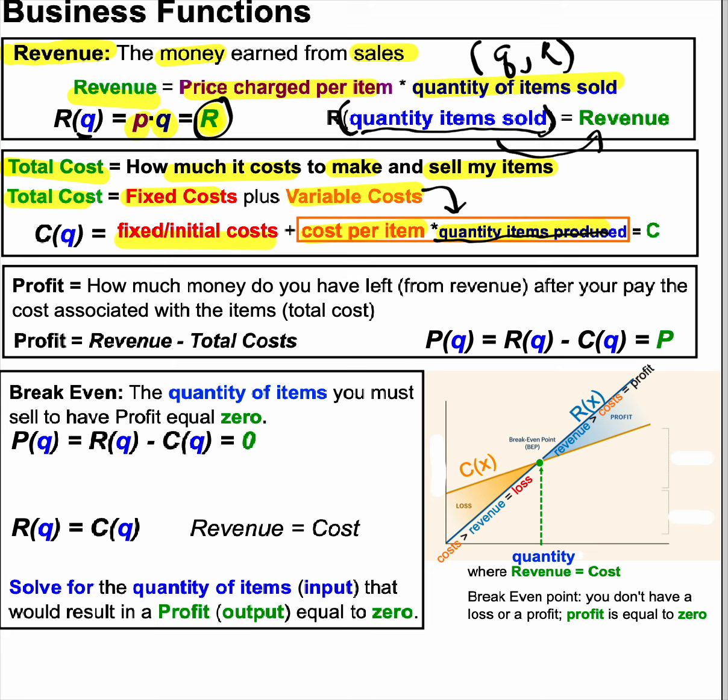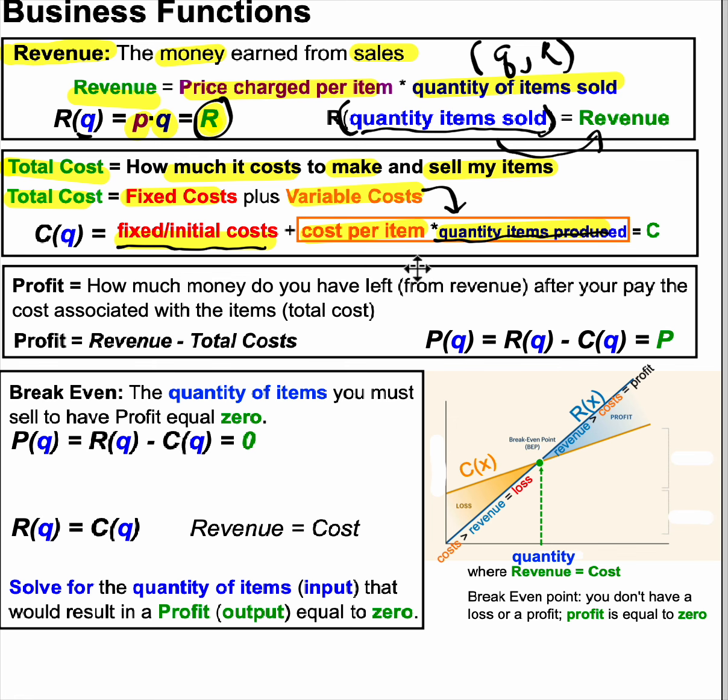Let's say every week I go to a farmer's market and set up my tent to sell my cupcakes. So I pay, let's say, $100 at the farmer's market. That would be a fixed cost. It doesn't matter how many items I sell, I always have to pay $100 for the farmer's market.